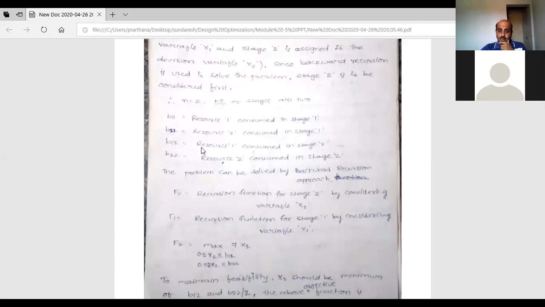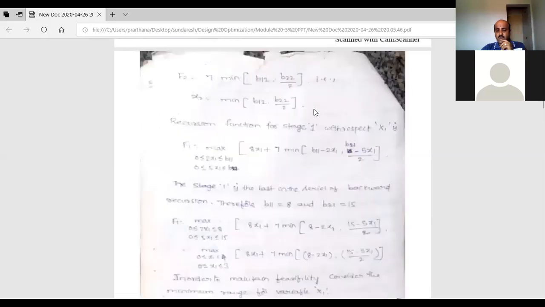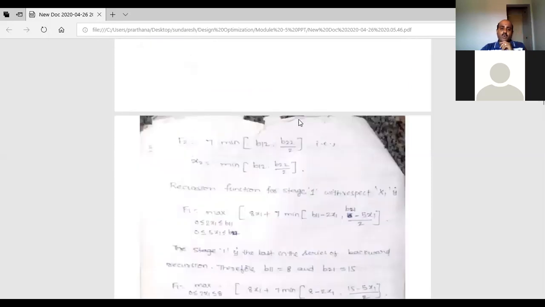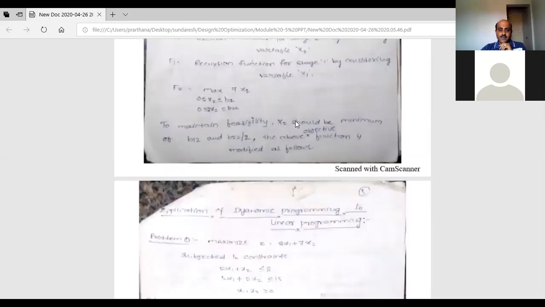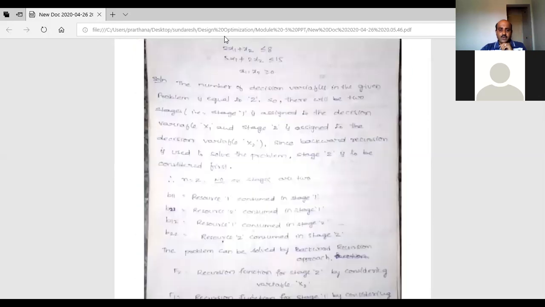See, already we have sub-optimized this stage 2, so the stage 2 element already consumed some amount of resource. Therefore, what we can write over here is b11 minus 2x1. Please be careful while you are writing the expression for recursive function 1.